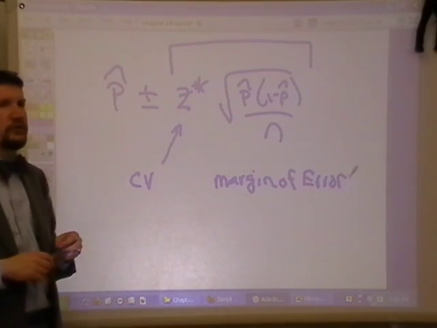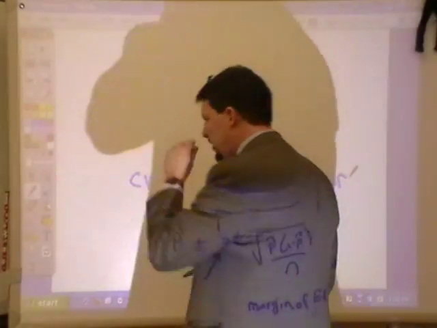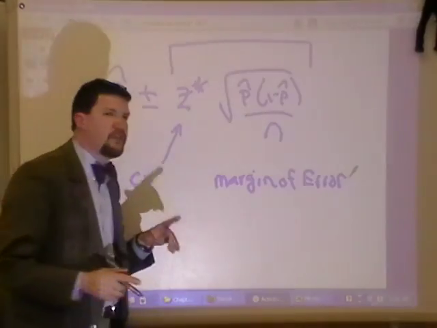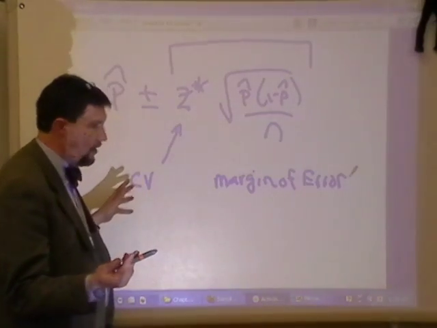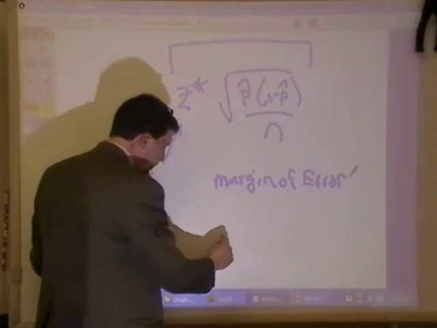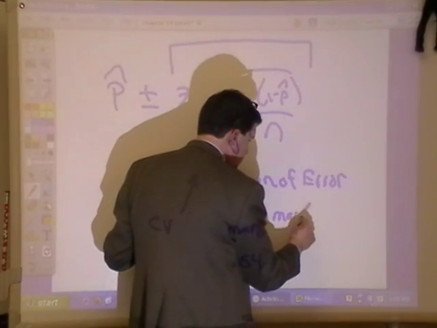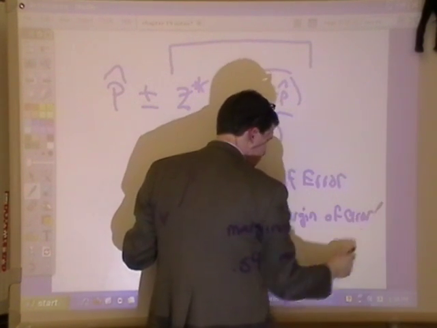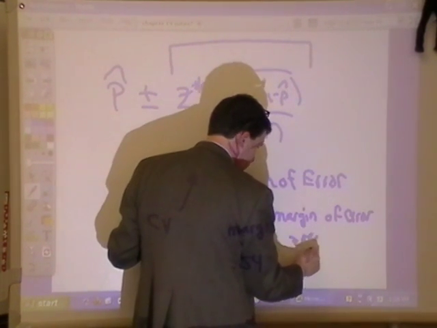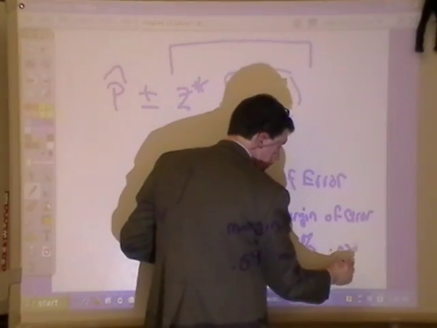When you see information that they report about percentages and proportions in the news, they say, oh, we feel that this politician has this percent of the vote. Like previously they were saying Obama has like 54% of the vote. And then they'll say with a margin of error of 3%, or a margin of error of 0.03, which is 3%.